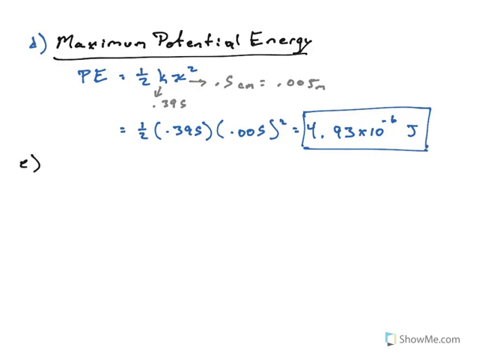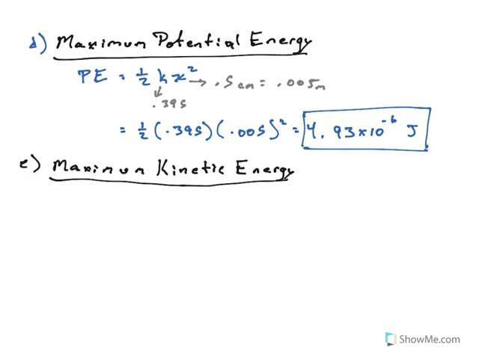Part E, maximum kinetic energy. Well, again, this has to do with conservation of energy. The total energy must remain constant, and as this spring moves back and forth, when it's stretched as far as it'll go, it's got no kinetic and pure potential.